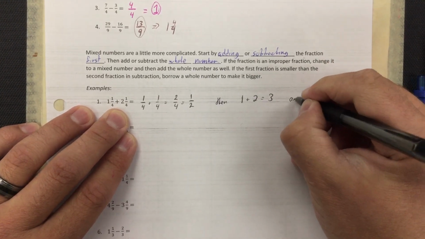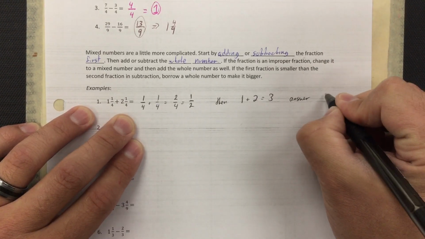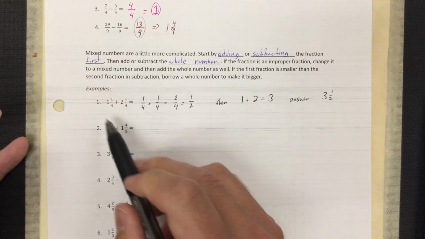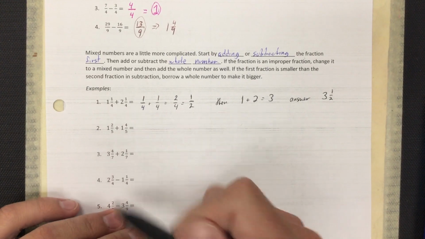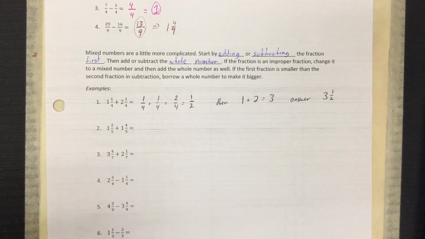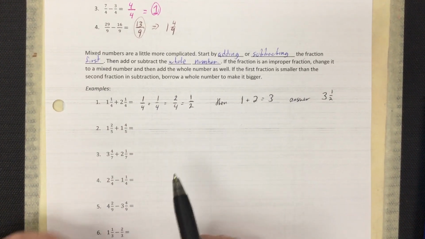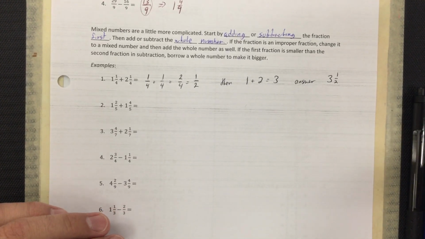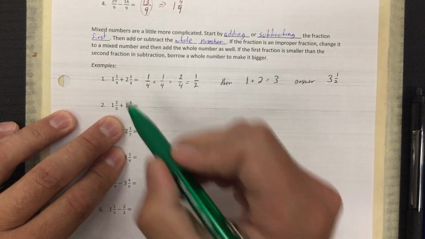So our answer is our whole number, 3 and 1/2. So if we have 1 1/4 and 2 1/4, we get a final answer of 3 1/2. Okay, so it's simplified down into 3 1/2. All right, let's try one of these where we get an improper fraction.